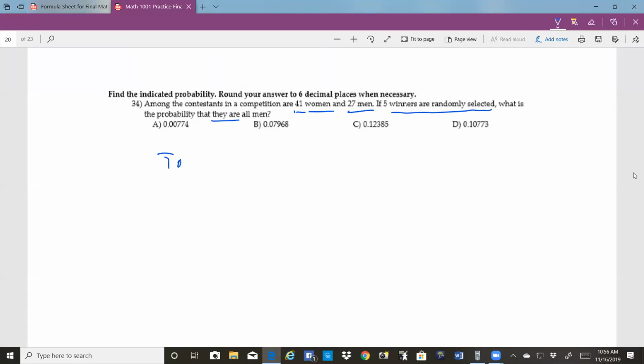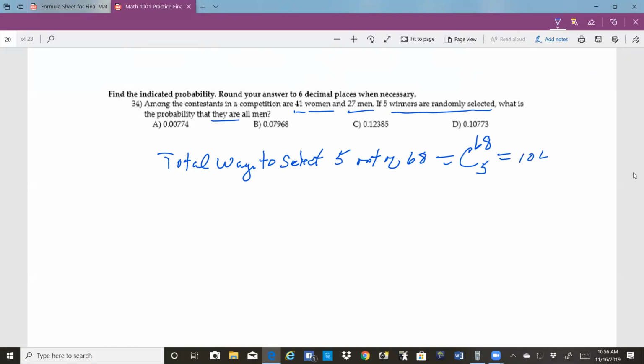That is going to be a combination of 68 taken 5 at a time. And you can do that in your calculator, as we've already shown you how to do, which is 10,424,128. Over 10 million.